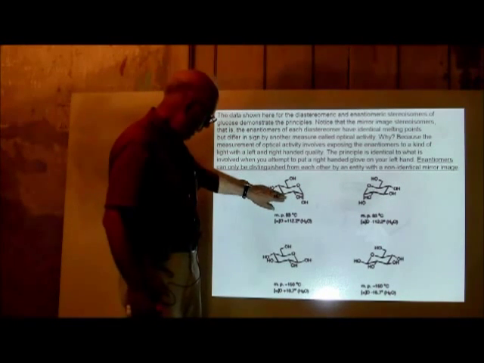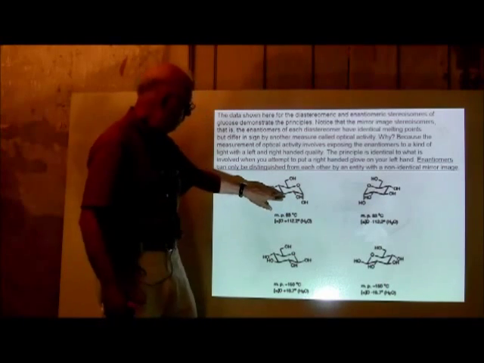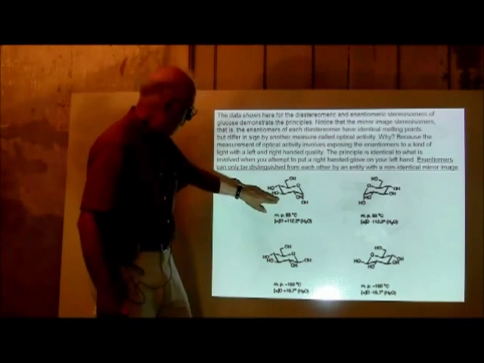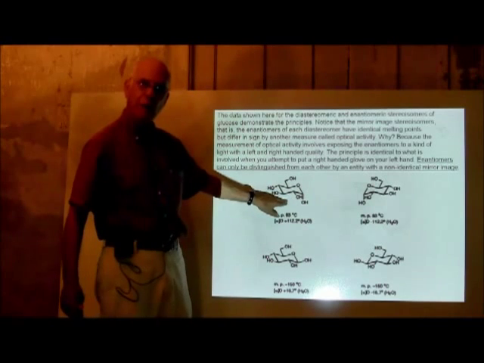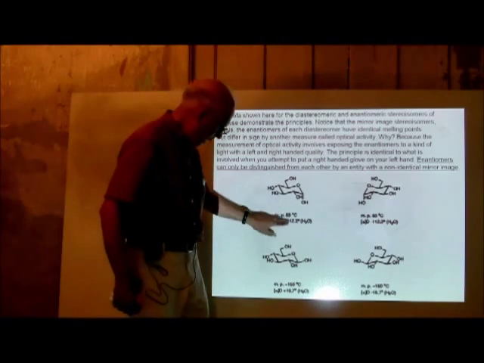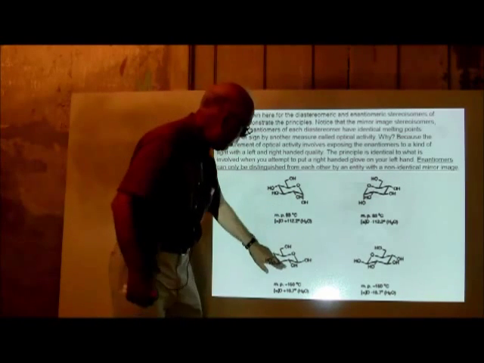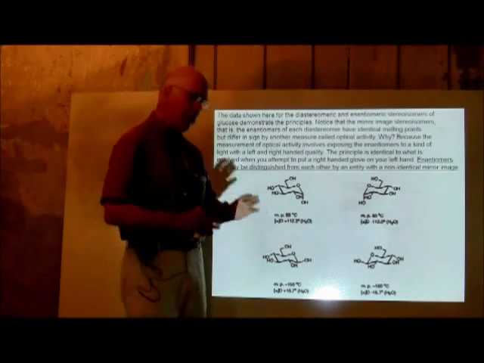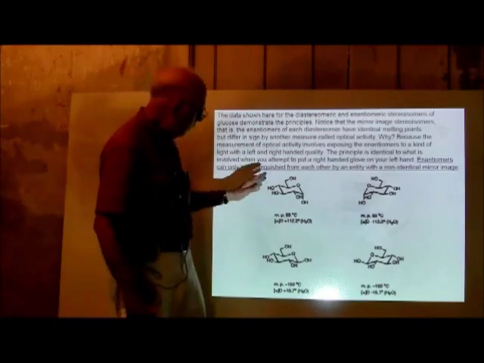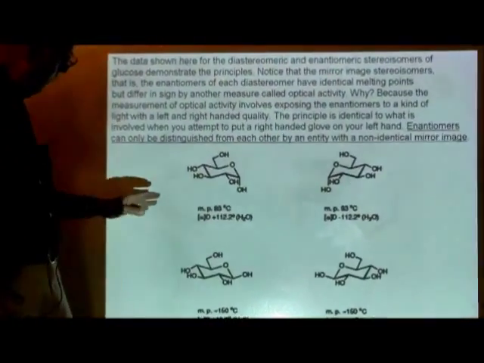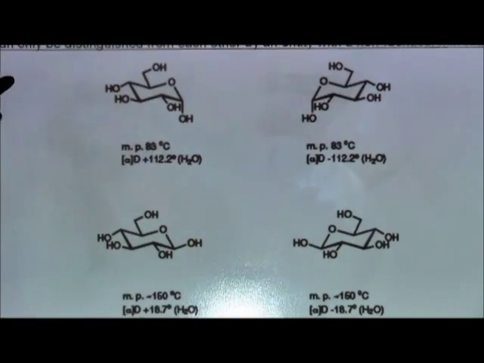Here we have the alpha glucose. We just had that on the previous PowerPoint. That's alpha glucose. Here's beta glucose. I told you that these are diastereomers. They're stereoisomers that differ in their shape. And since they're stereoisomers that differ in their shape, we can expect them to have different properties.